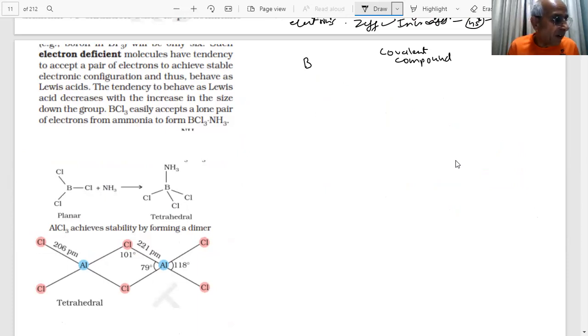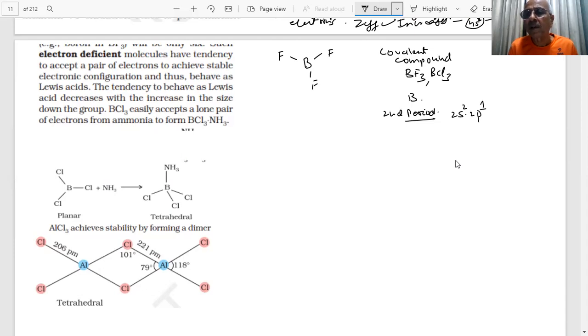So if boron is forming compounds like BF3, BCl3, how many electrons are there here? 6. So 1, 2, 3, these are 6. Second period elements. So 2s2 2p1. 1s2 2s2 2p1.